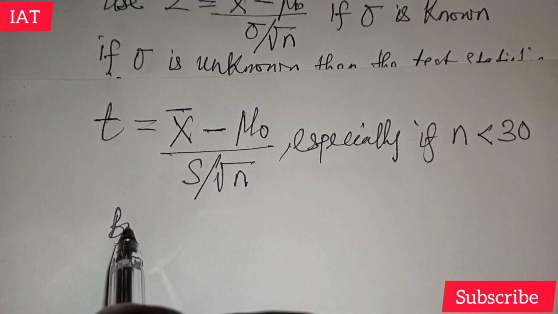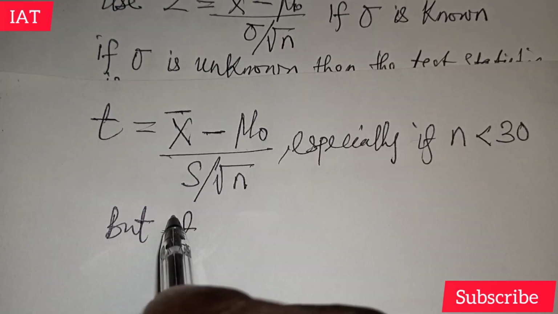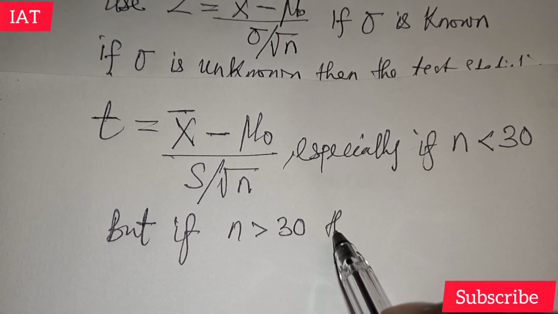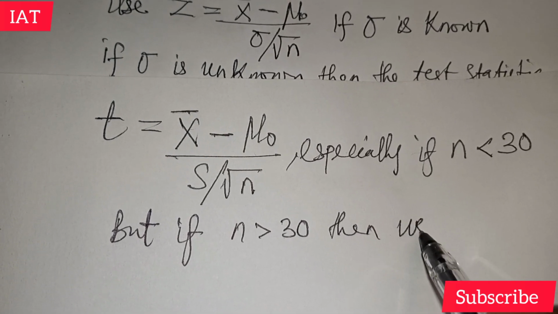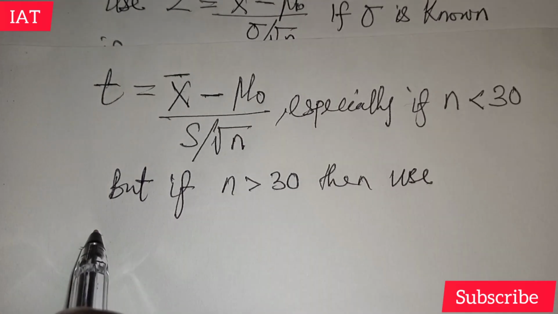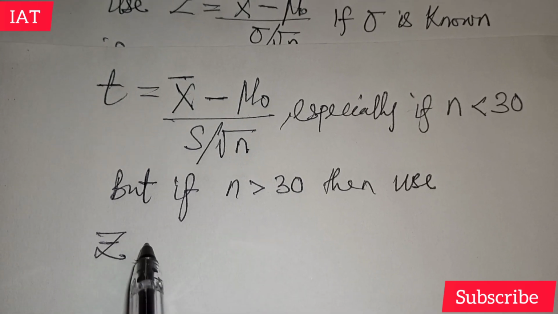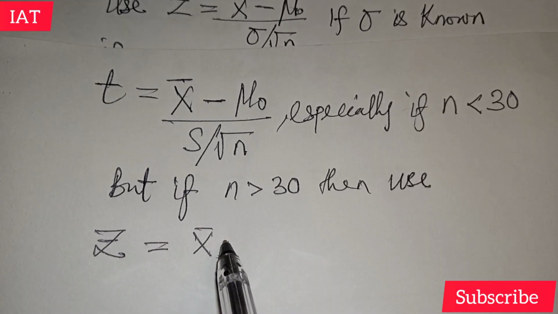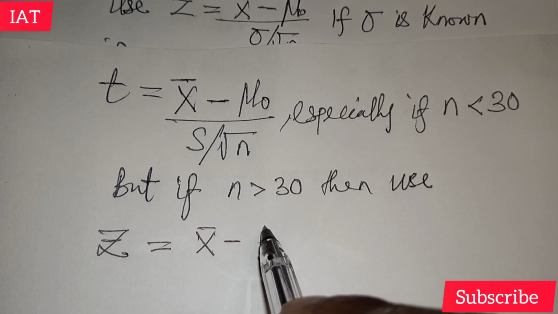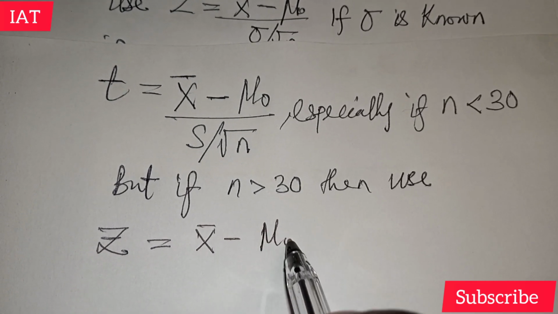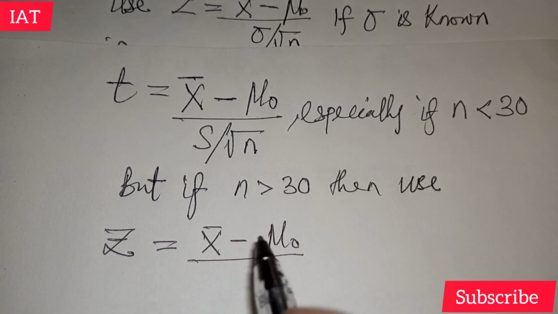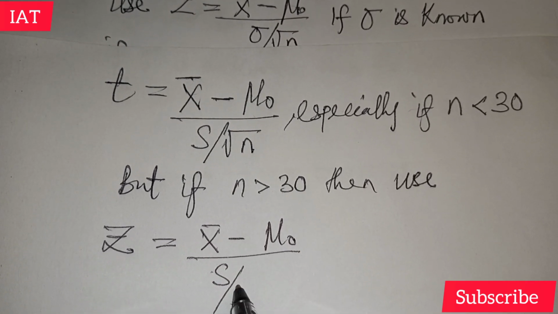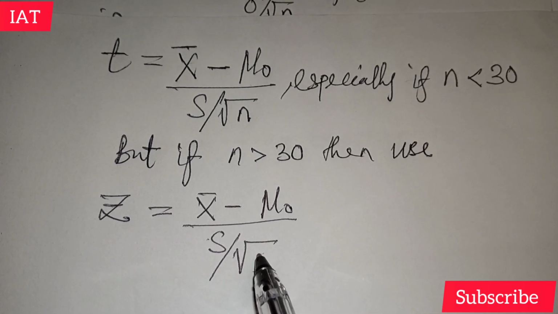But if n is greater than 30, then you need to use this formula that involves the sample mean minus the population mean all over the sample standard deviation over the square root of n.